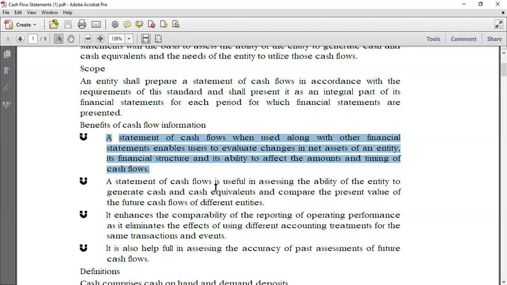The statement of cash flows, of course, also helps us in assessing the ability of our entity in generating cash and cash equivalents. As you can see, we have two terms here, cash and cash equivalents. Now, cash is directly the cash that you know.